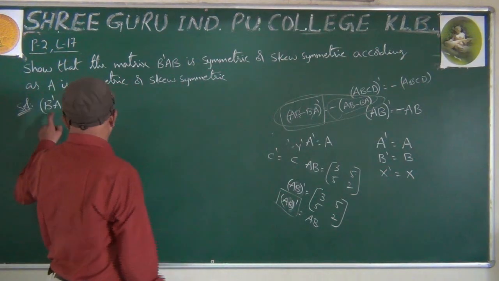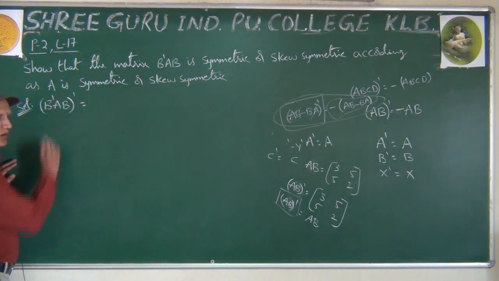So B dash AB whole dash we have to find.